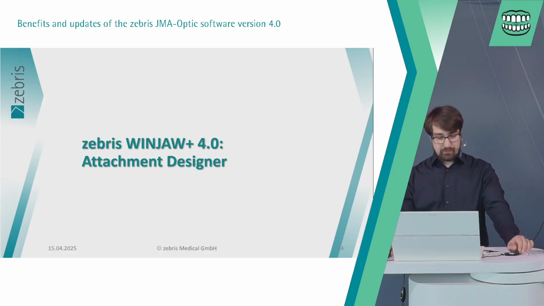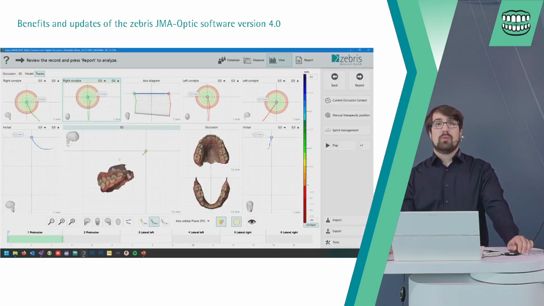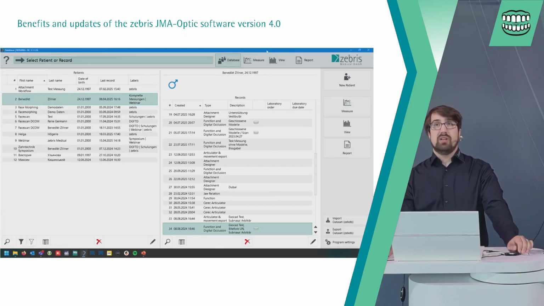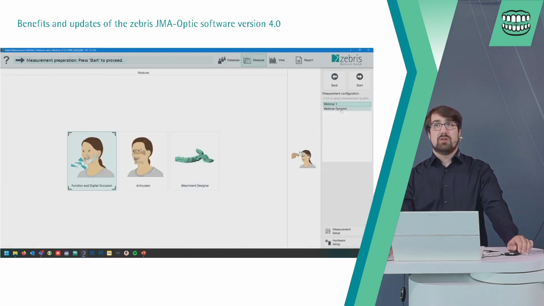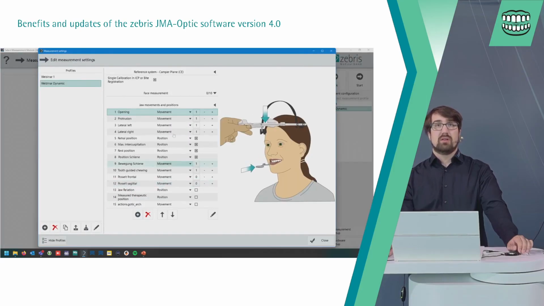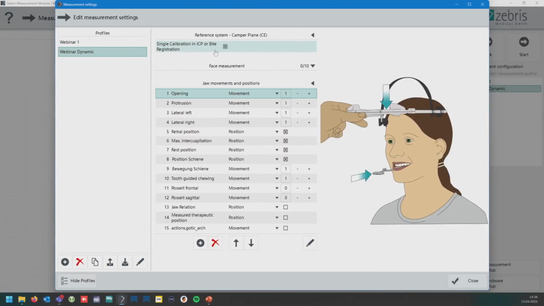Let's show it to you. Let's go back to the database, into measure, and again, let's take a look at the measurement settings. Here we see I have selected this single calibration in DKP or bite registration material method.